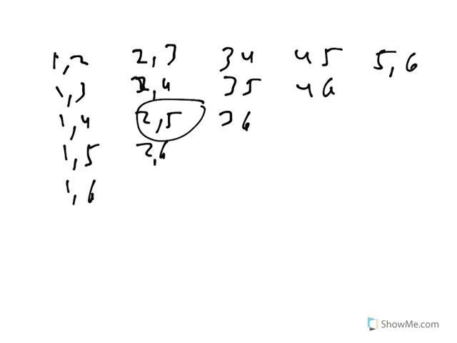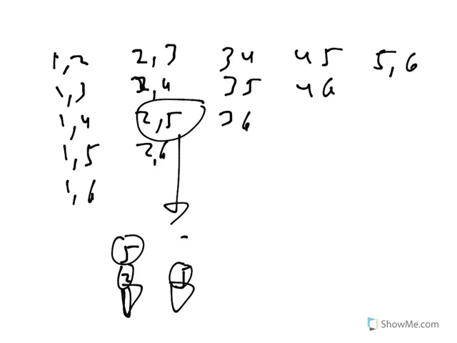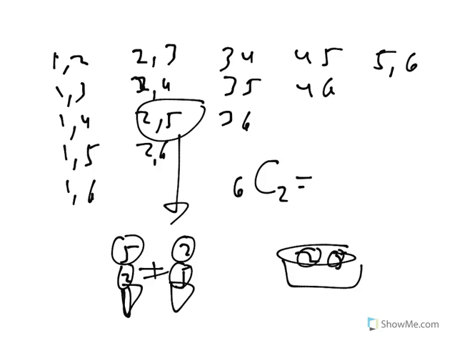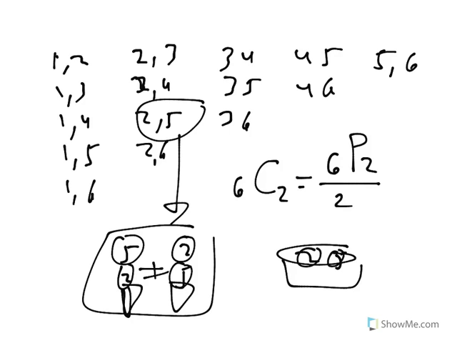Notice that for any of these cups, like 2, 5, there are 2 different cones that have flavors 2 and 5 in them. But there's only 1 cup that has flavor 2 and 5 in it. So one way to calculate combinations, in this case 6C2, how many combinations of 2 things can be taken out of 6, is to just figure out 6P2 and divide it by 2, because for every combination, there are 2 different cones that have that combination of 2 things.